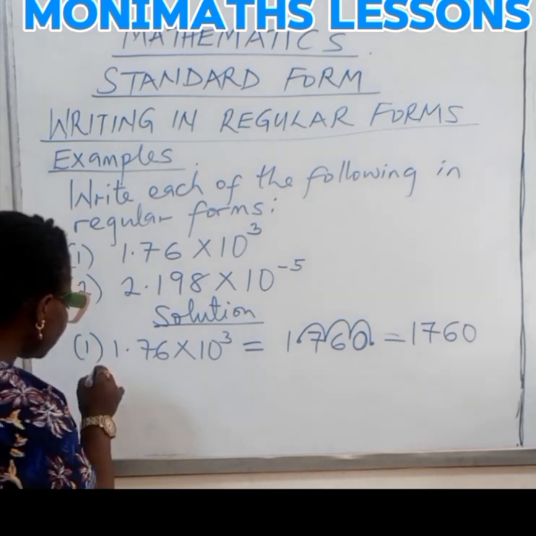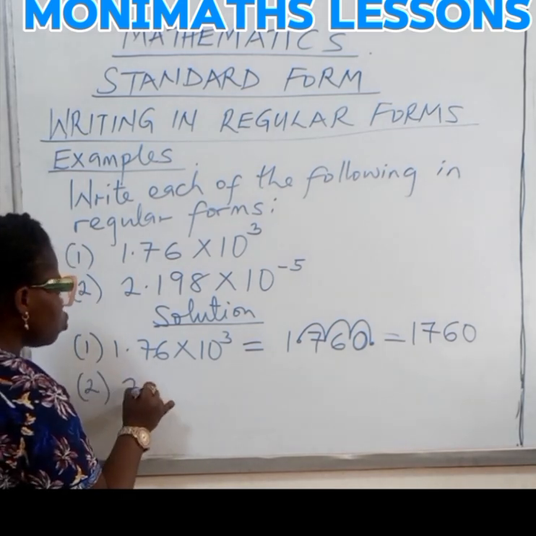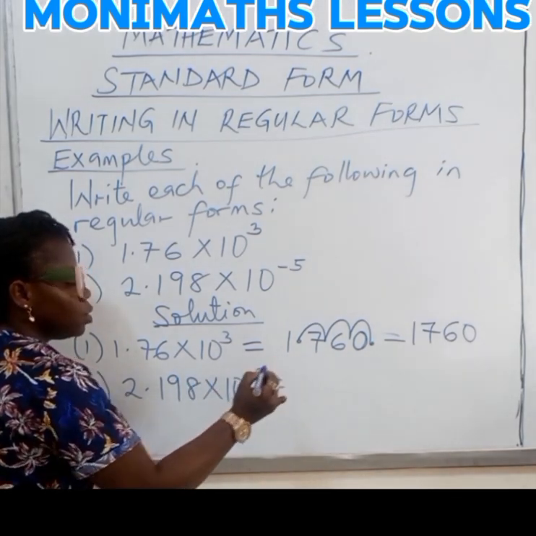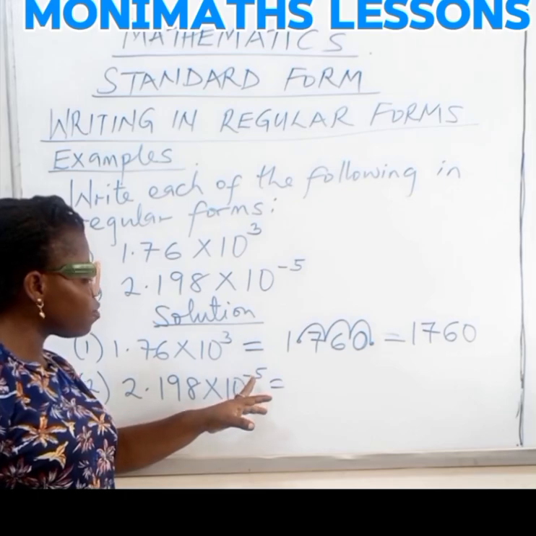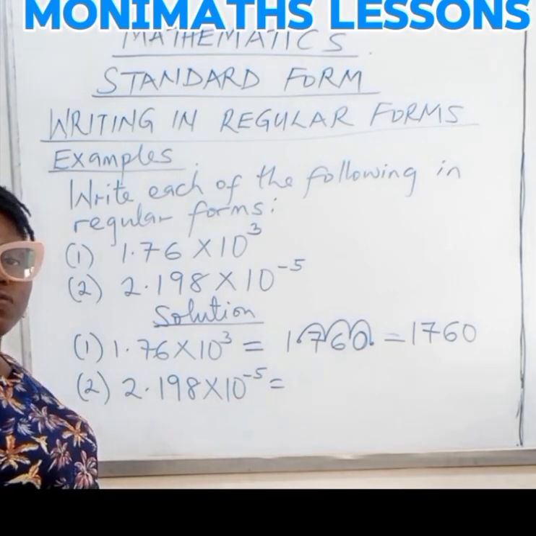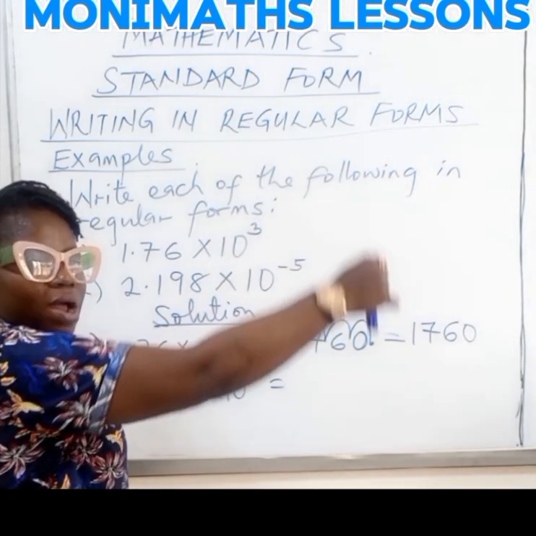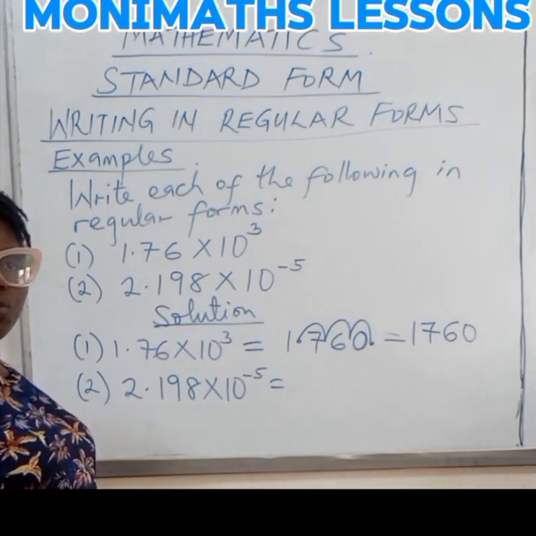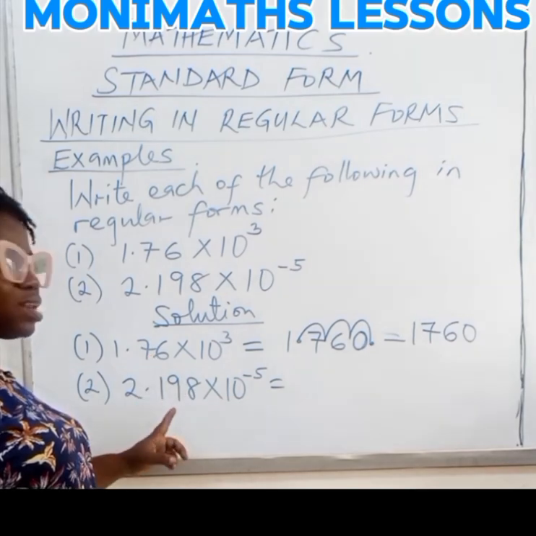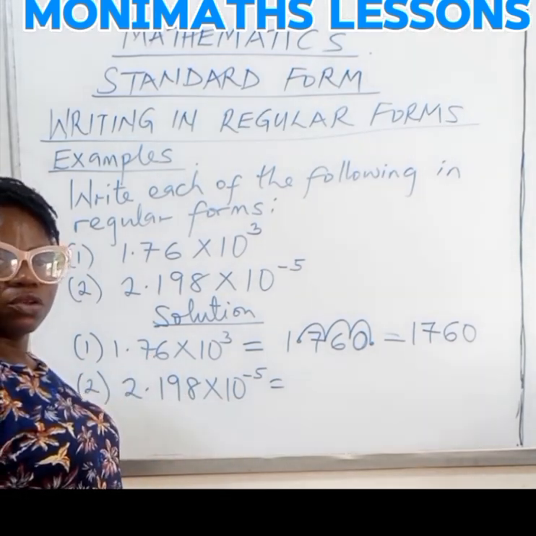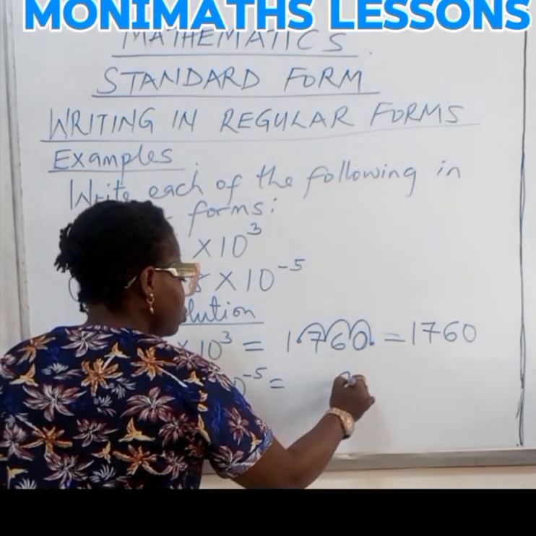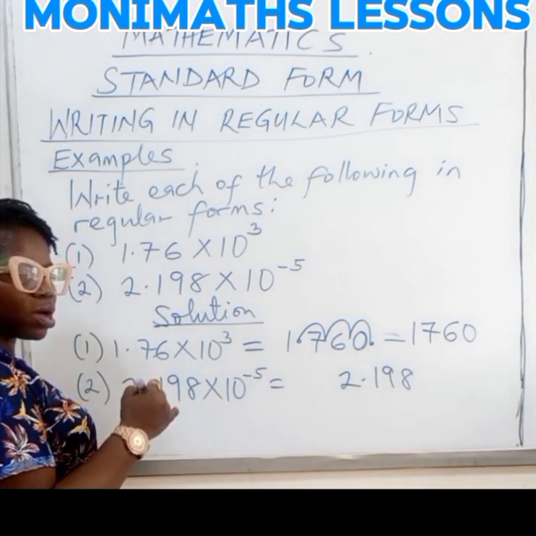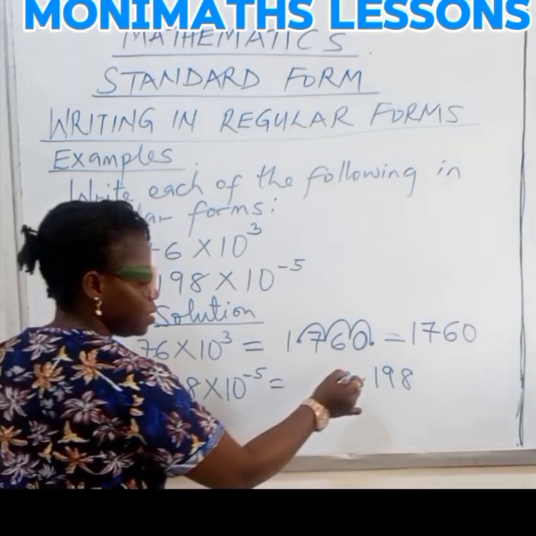The second one, we have 2.198 times 10 raised to power minus 5. Here we know that the negative power is gotten when we moved the decimal point towards our right while trying to write in standard form. So now we just have to do the opposite, moving the decimal point towards the left. So let's go. We have 2.198. So we have to move the decimal point towards the left 5 times. Let's see.